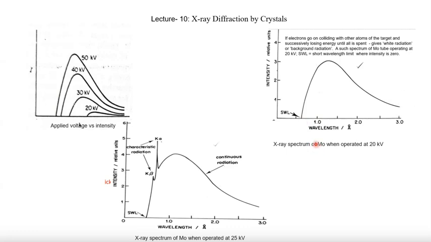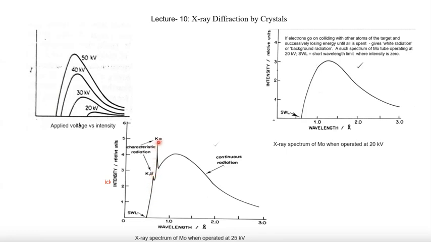Now this spectrum we are showing was operated at 20 kilovolt. Here, at 20 kilovolt, we do not see any characteristic X-ray spectra. It is just white background radiation. Increasing the applied voltage, we start noticing that the characteristic lines are coming up.